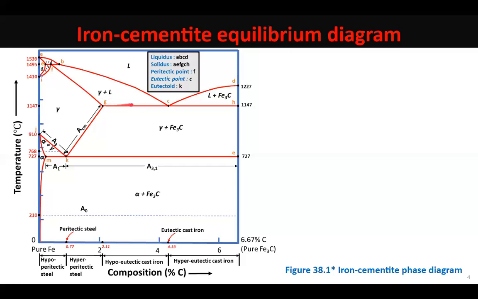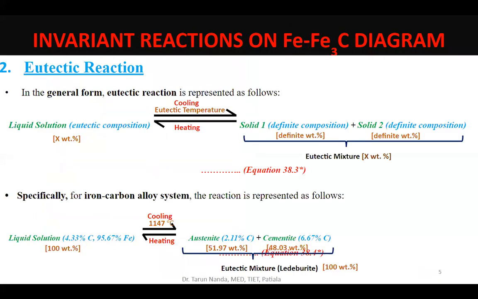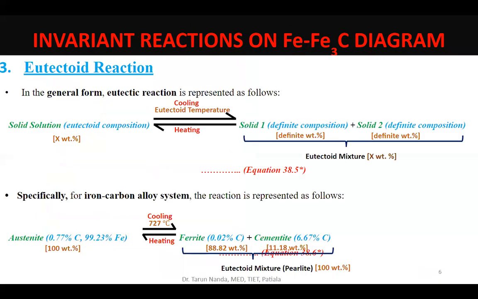So for hypoeutectic cast irons, just after the eutectic reaction, the microstructure consists of ledeburite plus pro-eutectic austenite. And for hypereutectic cast irons, just after the eutectic reaction, the microstructure would consist of ledeburite plus pro-eutectic cementite. So I hope the eutectic reaction part is absolutely clear to you now.